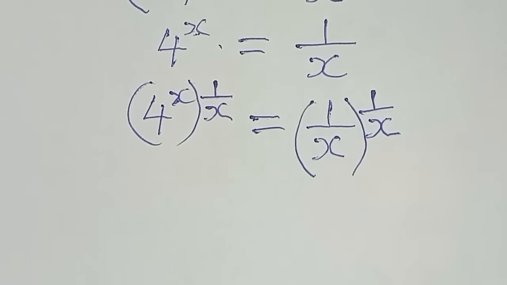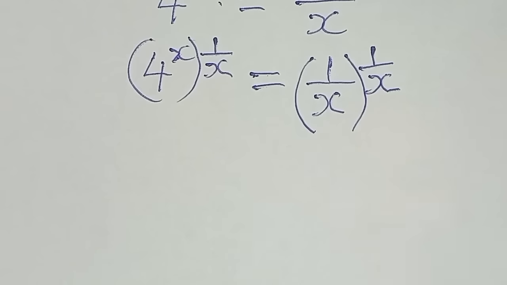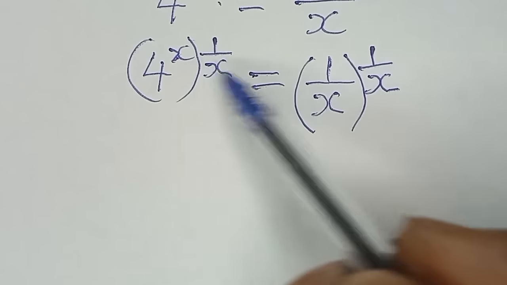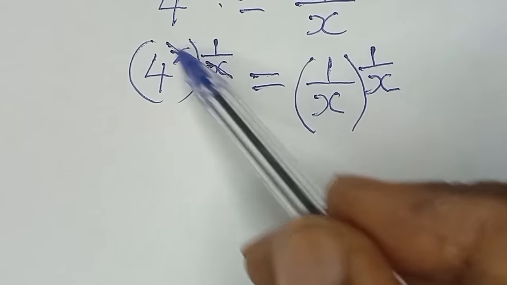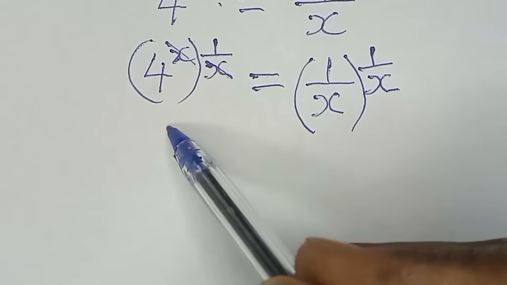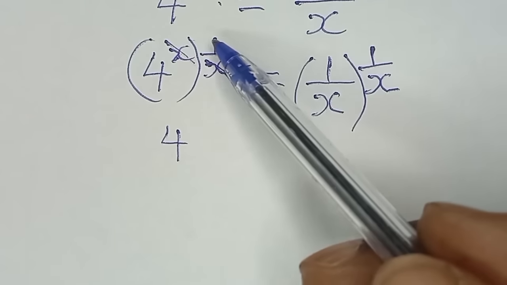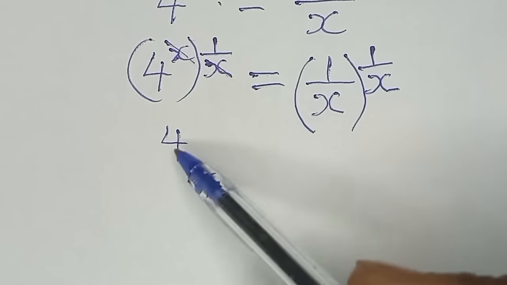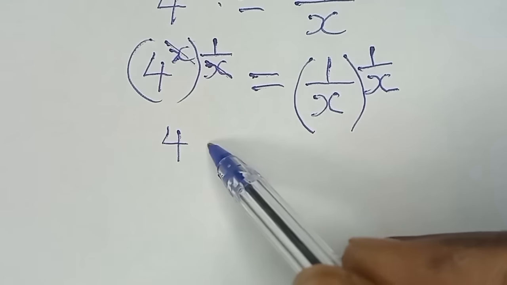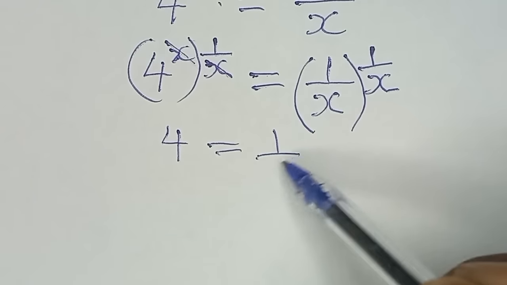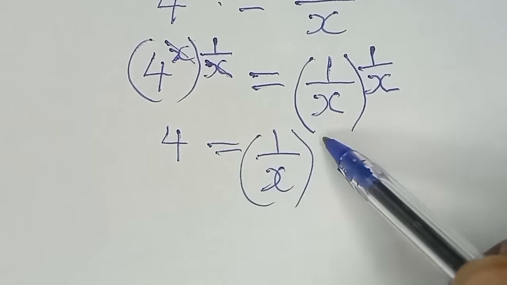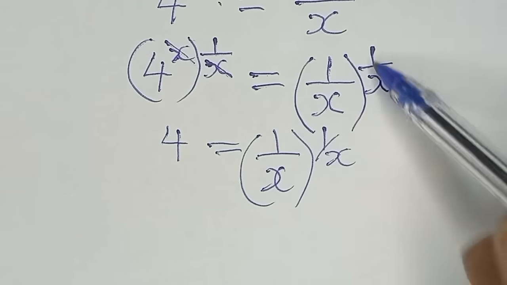So now the next thing for me to do is to simply cancel the x, that will cancel x here, so that here I'm left with 4 to the power 1. 4 to the power 1 is the same as 4. And then is equal to 1 over x to the power 1 over x that I already have on this side.